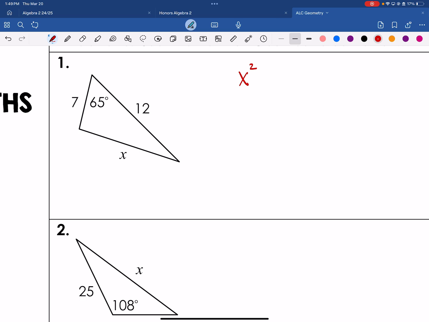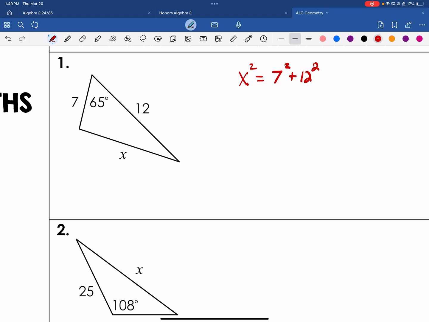So the law of cosines says that we are going to take x squared, the side opposite our given angle squared, is equal to the length of the two sides that surround our given angle. So 7 squared plus 12 squared. If you put 7 squared plus 12 squared or 12 squared plus 7 squared, it does not matter.